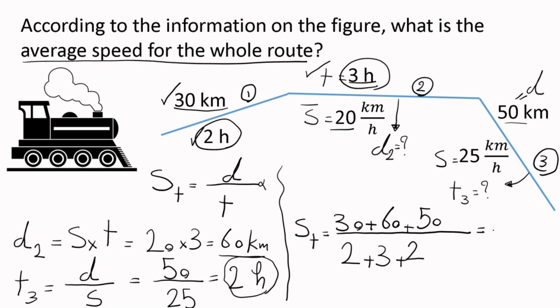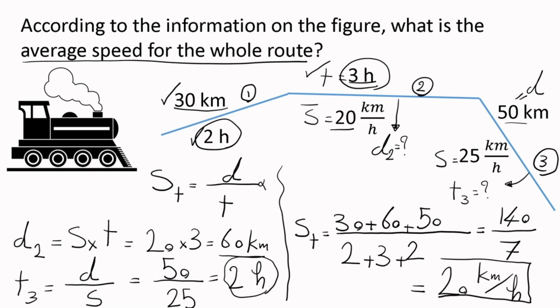So I'm going to have 140 over 7. 140 over 7 will be equal to 20. And because this one is based on kilometer and this one is based on hour, the unit will be kilometer per hour. Really easy. Okay, it was the end of first part of solving challenging questions of average speed.